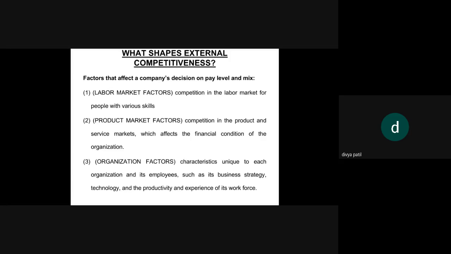Then we have product market factors. You take any product and services market into the competition, which will help you to understand the financial condition of any organization. Some companies go with very premium products and services that they offer to the market.